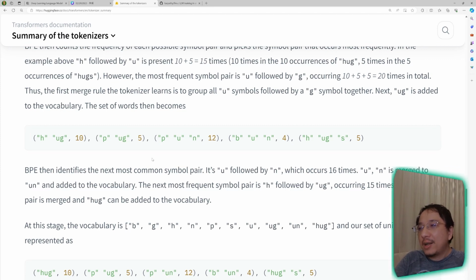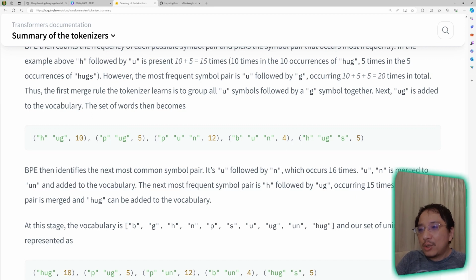We first identify the most common pair in the spelling using the new dictionary. We find out that UN is the most common one. So we add UN into our dictionary. Then we do the process again. And this time we find that HUG is the most frequent one.